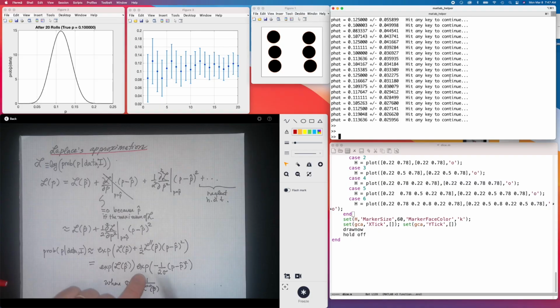And the reason I wrote it like this is that this now looks just like a Gaussian, right? Like a normal distribution. So this is a Gaussian, or normal distribution. And so we can get the standard deviation. Oh, there should be a squared here. Sorry. I want a square to make it a Gaussian.